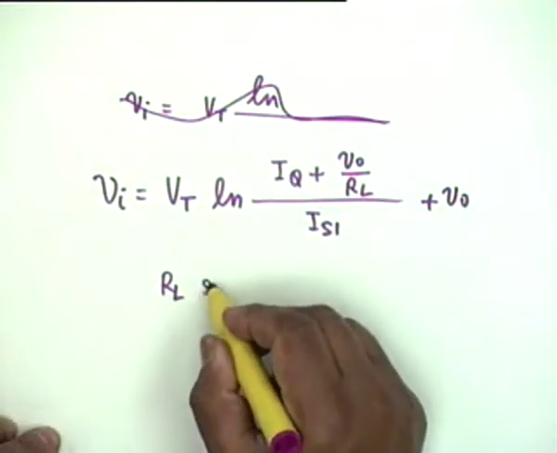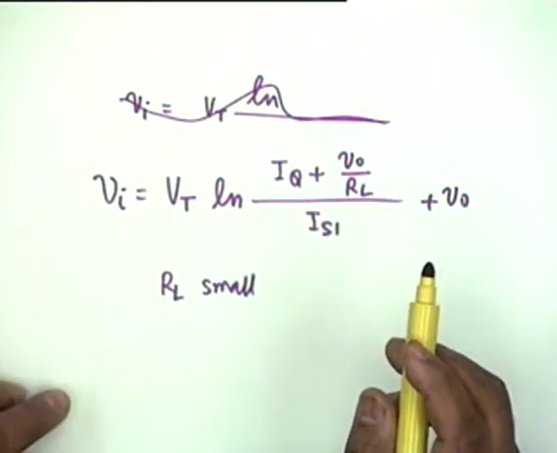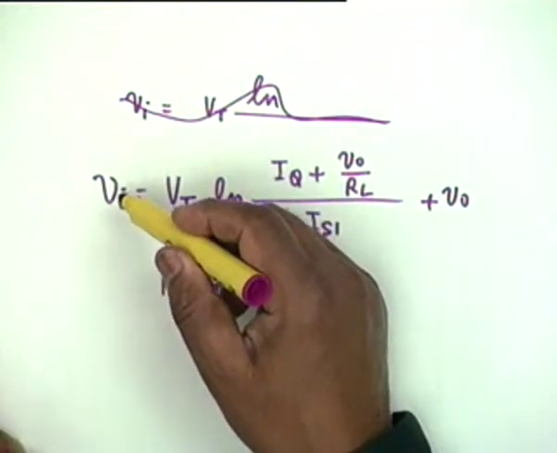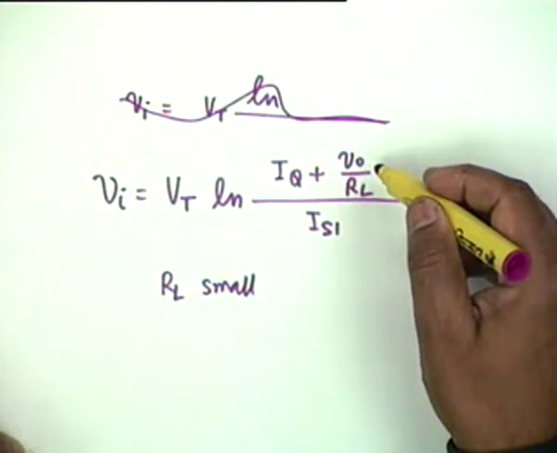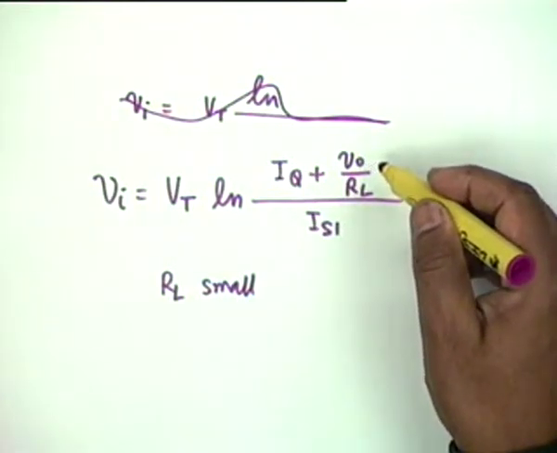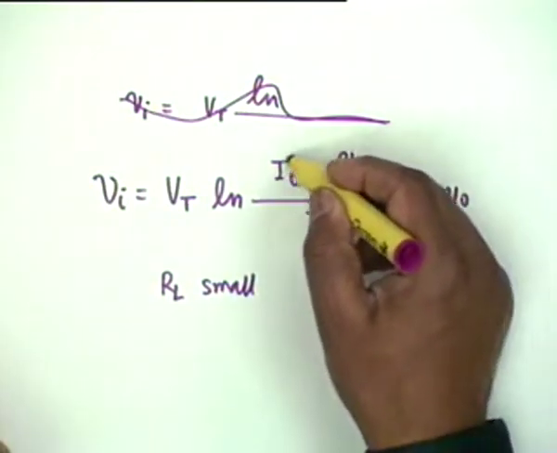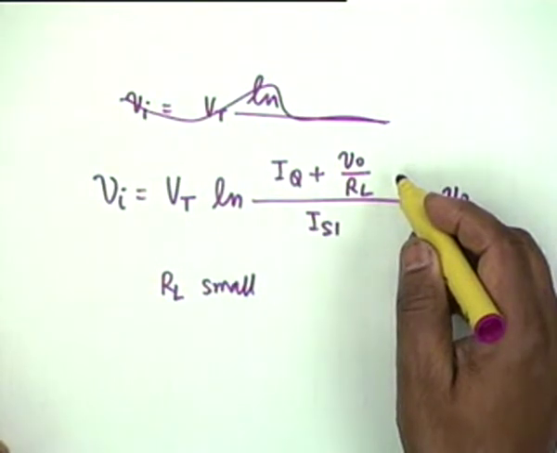When RL is small and these two terms are comparable to each other, then a problem arises, because when Vi is negative, V0 will also be negative. It is an emitter follower after all. V0 will also be negative, and there is a possibility that this term may go to 0 or negative. Is that clear?